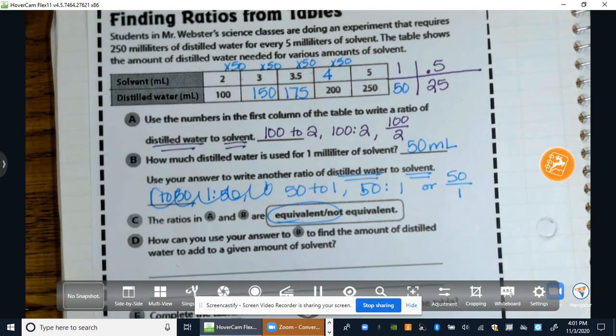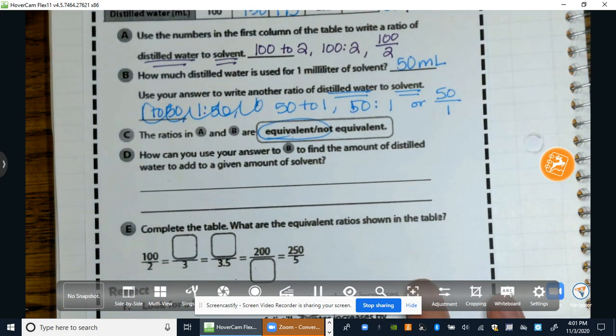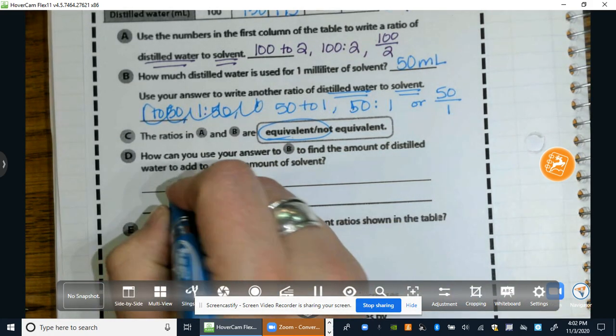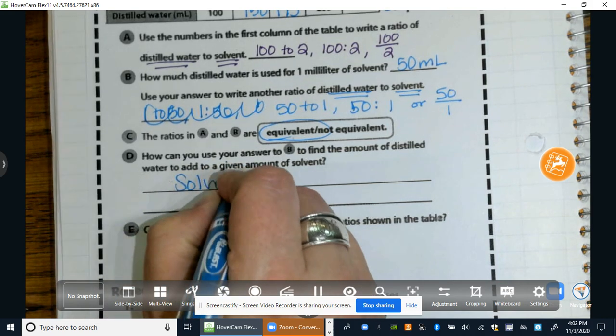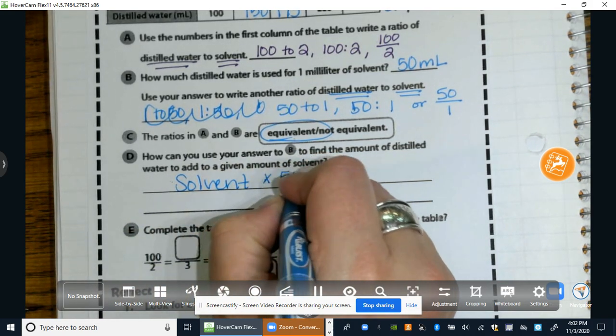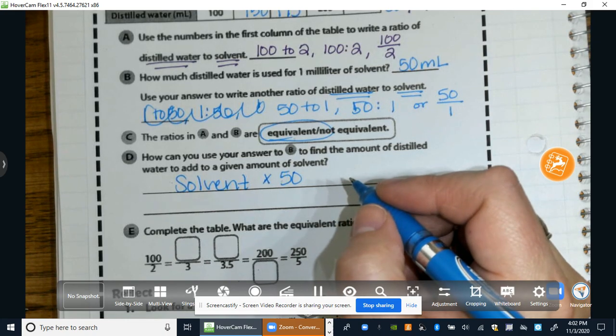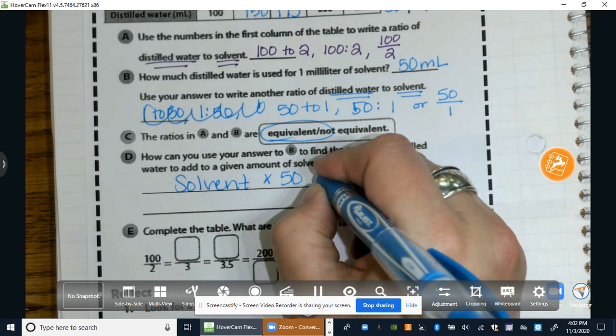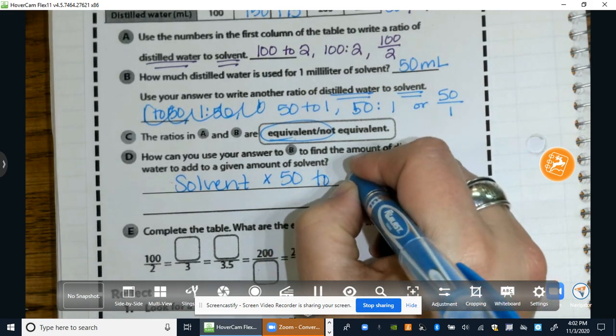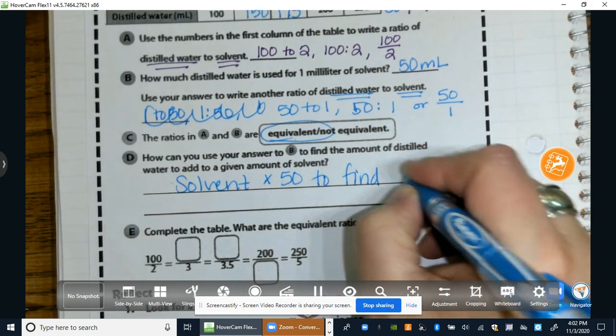So how can you use your answer in B to find the amount of distilled water to add to get a given amount of solvent? To find that, we would take our solvent, just like what we did up here, and we multiply it by 50, and that tells us how to find the amount of distilled water.